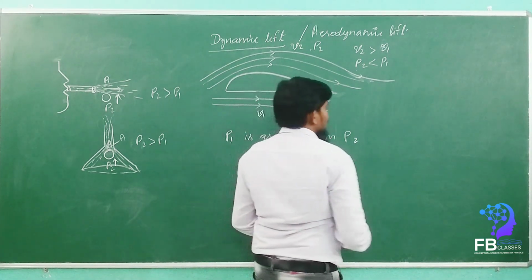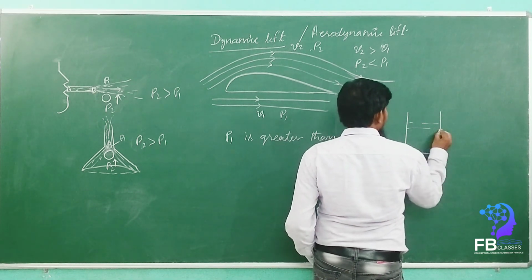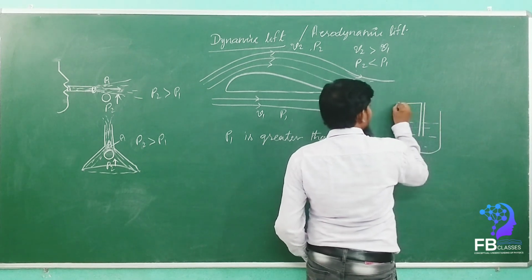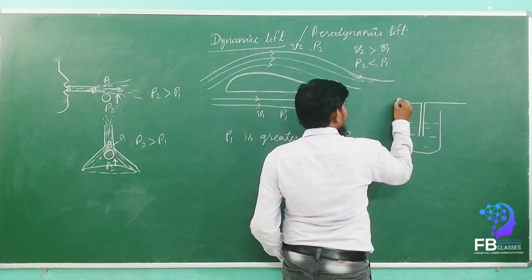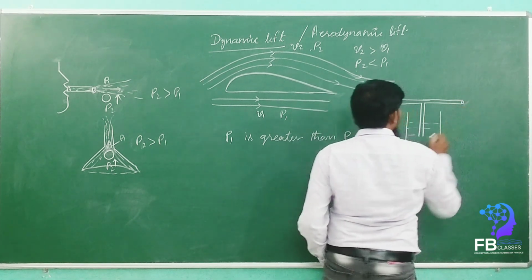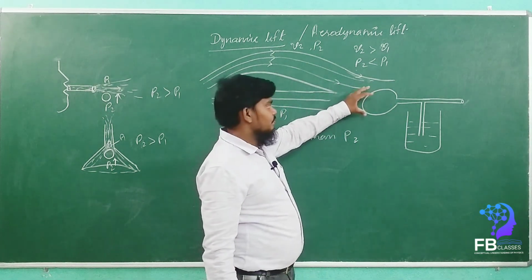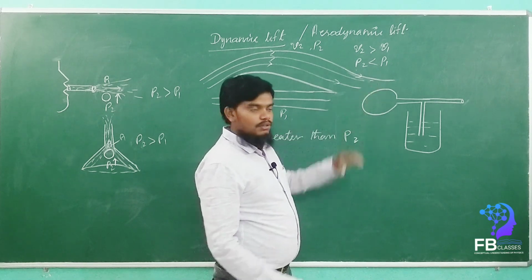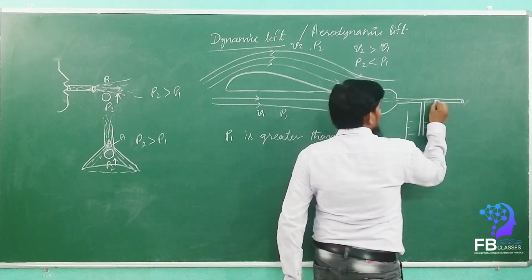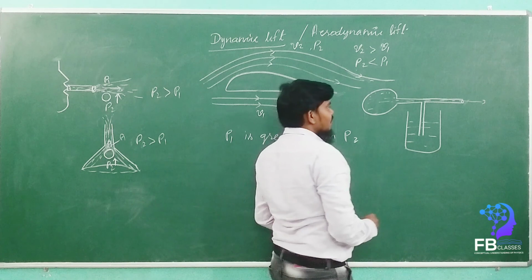Okay, so see here, there will be a liquid here in the container. So here there is a pipe, and here what will happen? Once we press here fast, the air which is present here will go very fast here. Yes or no? Air will come out very fast.